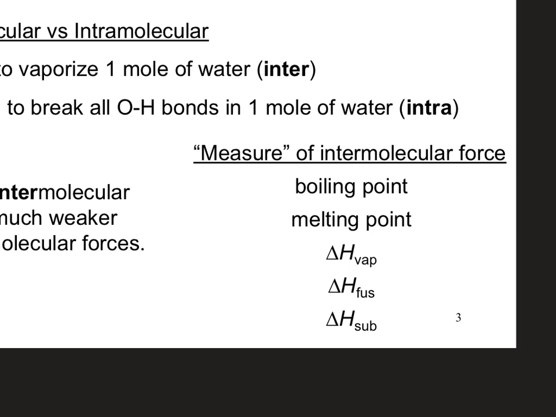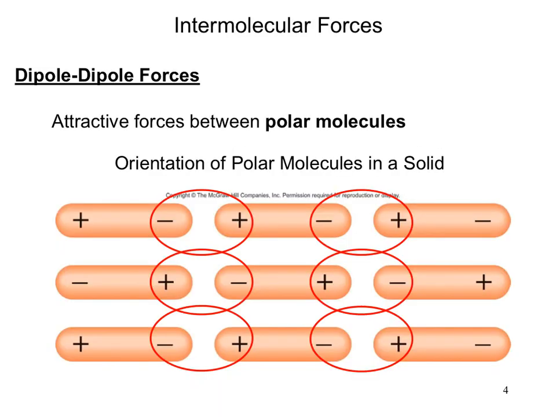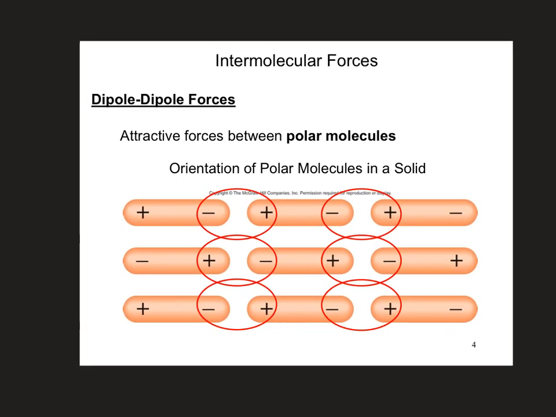SUB? What's that? Sublimation. You guys remember what sublimation is? From solid to gas. Exactly. It goes directly from solid to gas. So these last three are just energies associated with changing physical state. We're going to look at all those and how they're related to these fancy things called intermolecular forces.